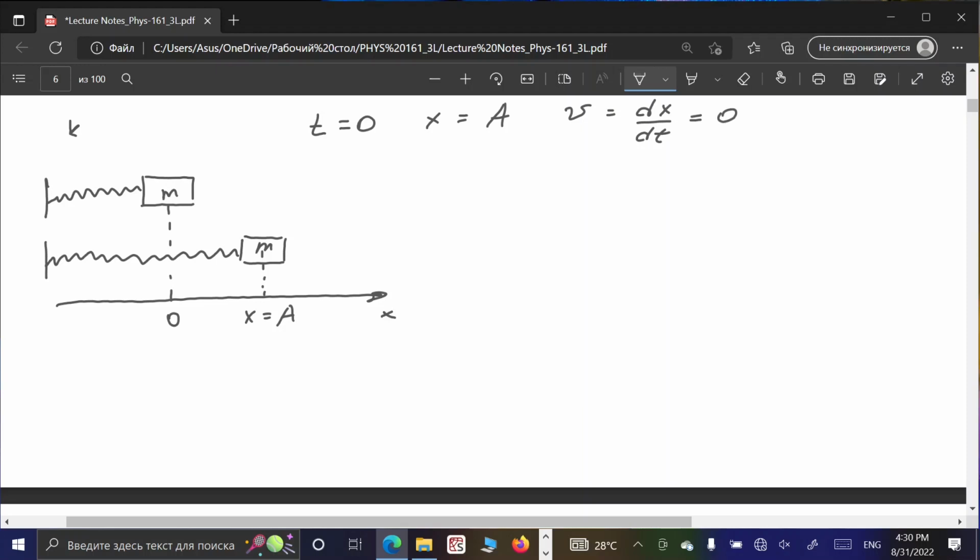These are so-called boundary conditions, just conditions which describe a specific system at a given moment of time, which we can arbitrarily pick as t equals 0.